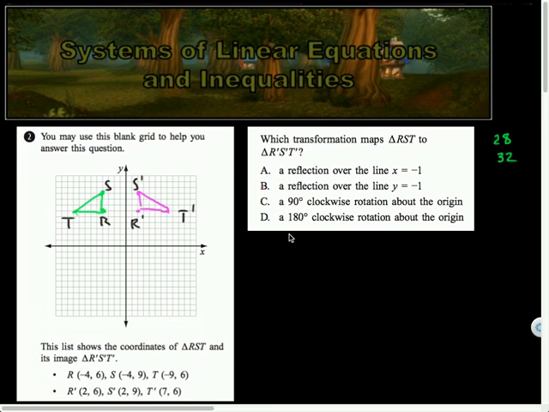So let's consider these rotation ones first. If I was rotating R about the origin 90 degrees clockwise, I would end up right here, and these distances would be equidistant.